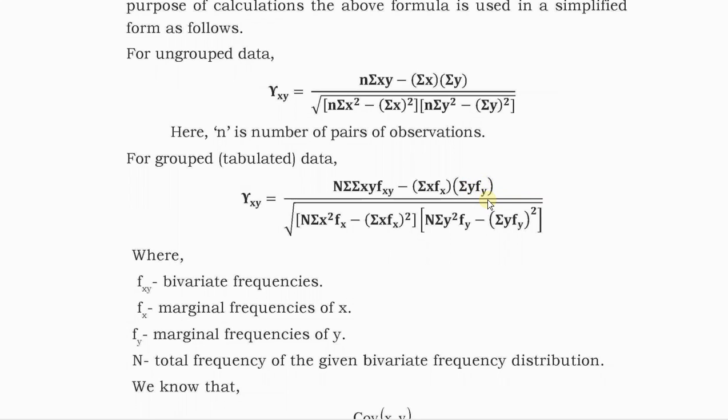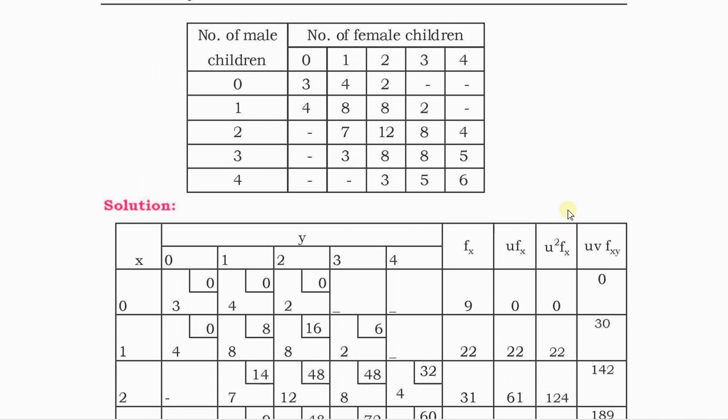Here fy means frequency of the variable y, divided by square root of n into summation of x square into fx minus summation of x into fx whole square, into n into summation of y square into fy minus summation of y fy whole square. Okay, so this is the formula for computing correlation for grouped data.